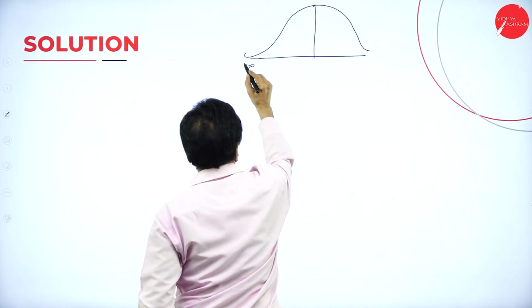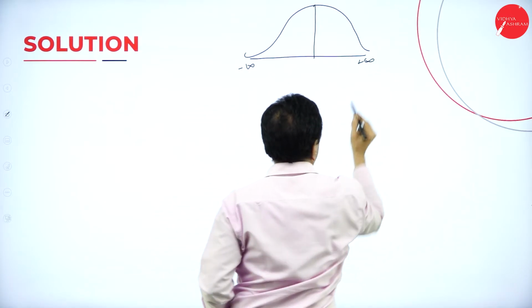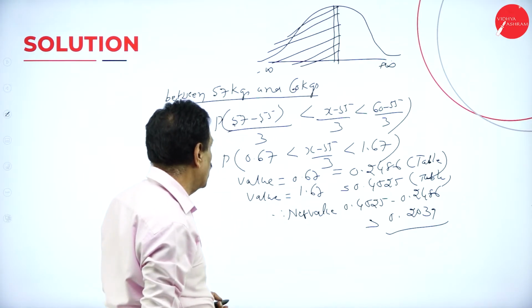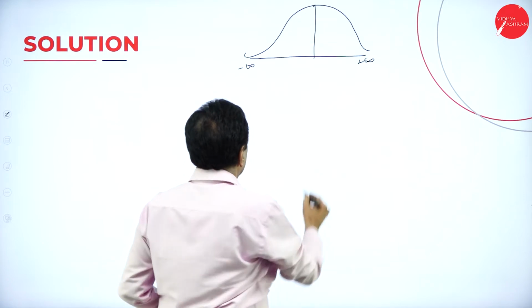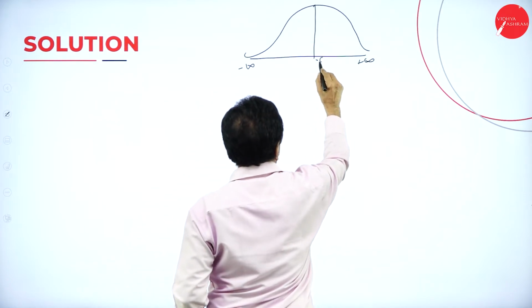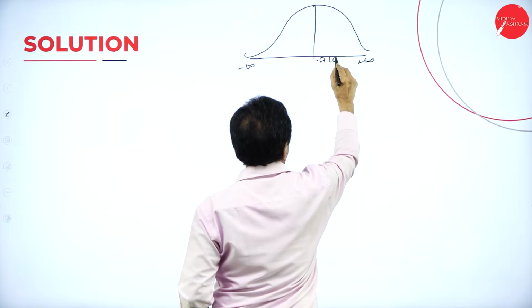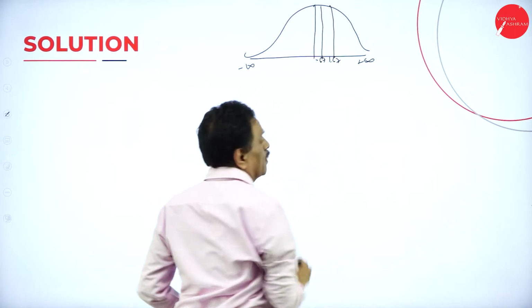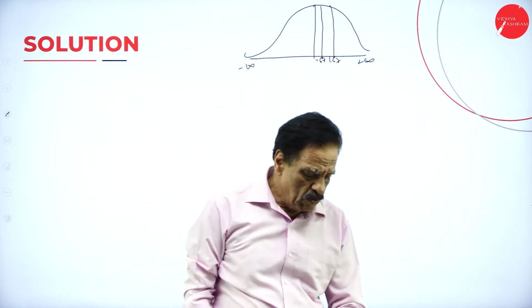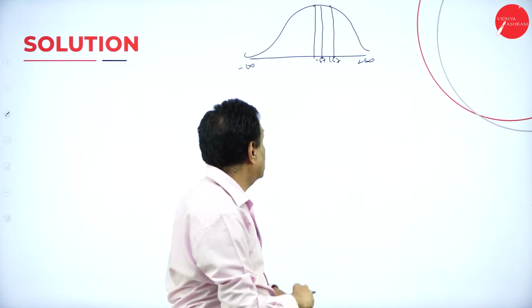This is negative infinity. This is positive infinity. What are the values you got? 0.67 positive, 1.67. Is it less than or more than?